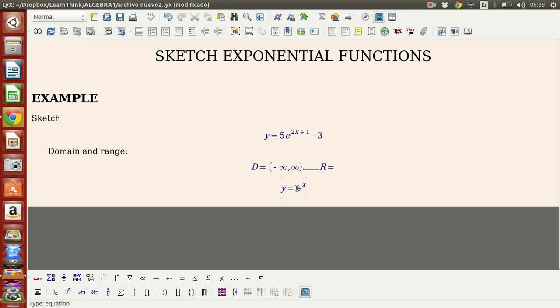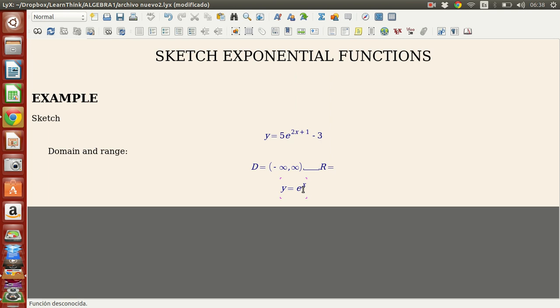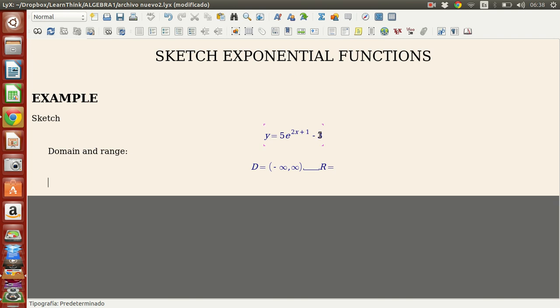There's no exponent that could get you a number less than 0. But here we have minus 3, which means that we move the asymptote from 0 to minus 3.